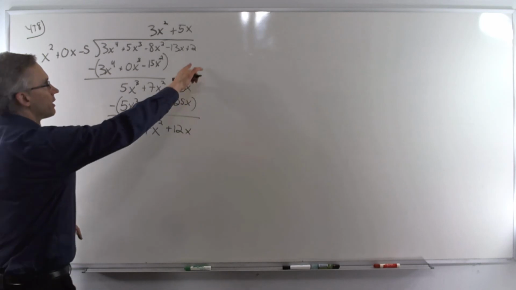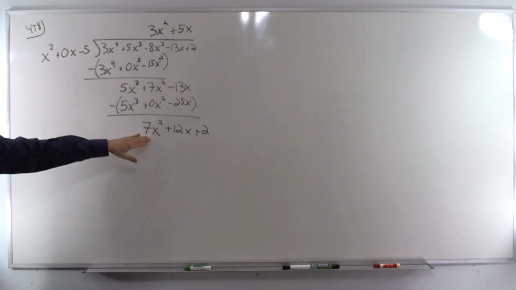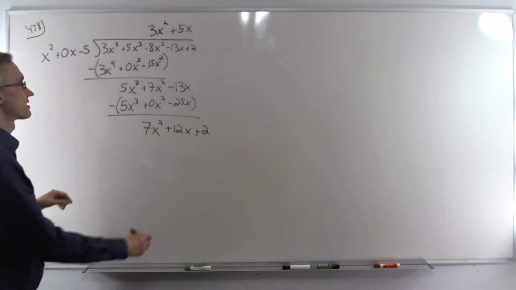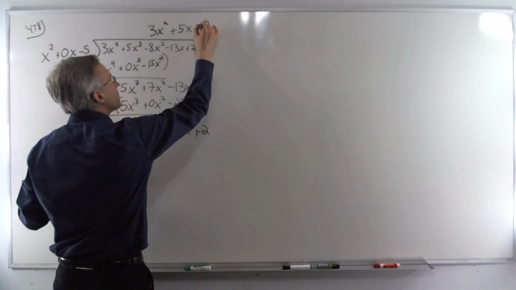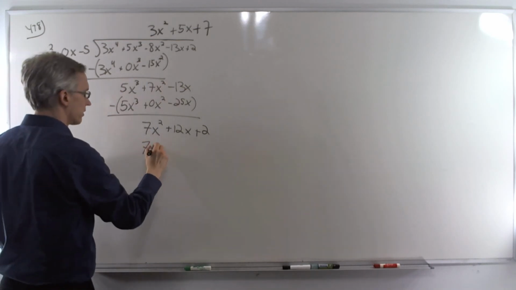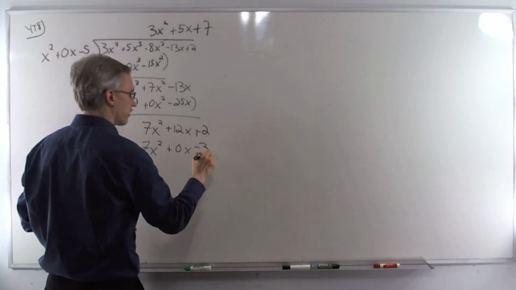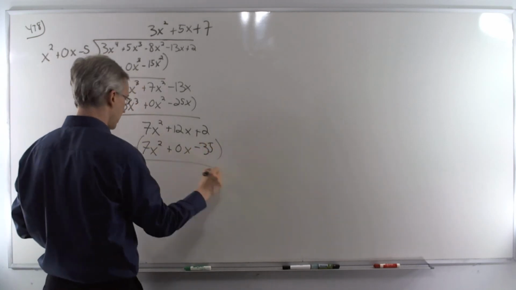Bring down 2. There's our last term to bring down. Now we need to match 7x squared, so we're going to multiply x squared by 7. 7 goes up here. Now distribute. 7 in, that gives us 7x squared plus 0x minus 35. Now we'll subtract.